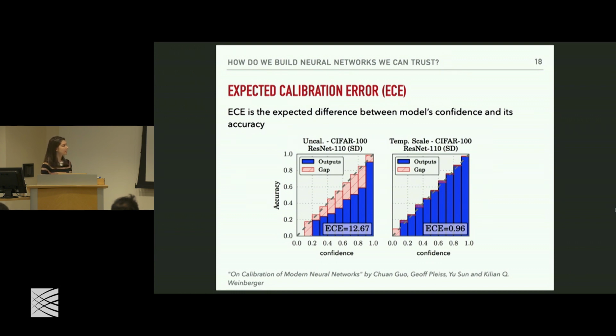And so the model on the left here is very poorly calibrated, whereas the model on the right is outputting meaningful probabilities and confidences. And so the expected calibration error is this cumulative sum of all these gaps across all of the neural network's predictions. And ideally, we want it to be low.